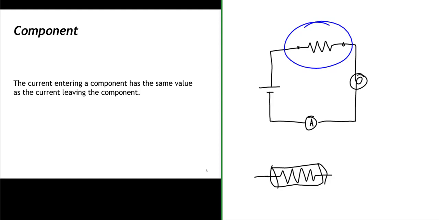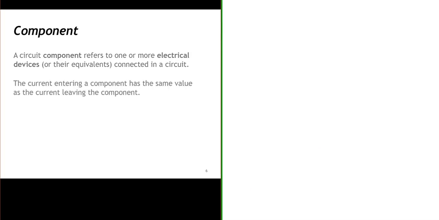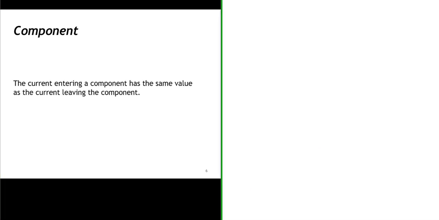Well, the thing is, current flowing through this component has the same value on the left end, which we'll call point A, as it does on the right end, which we'll call point B. The current entering a component has the same value as the current leaving the component.